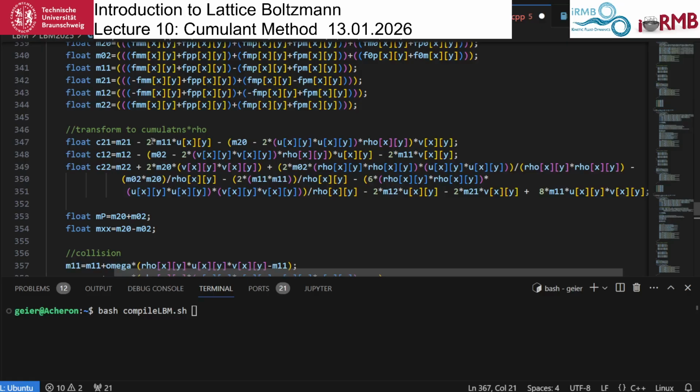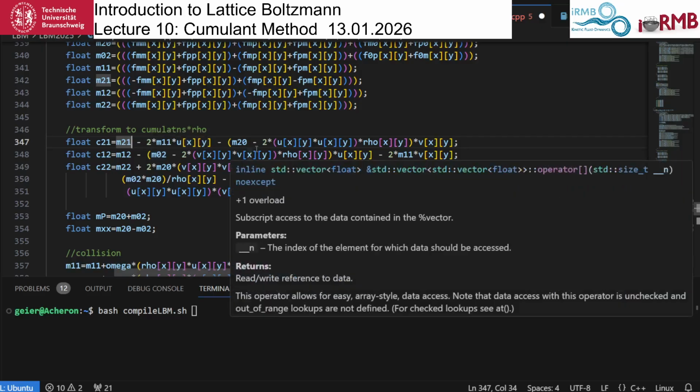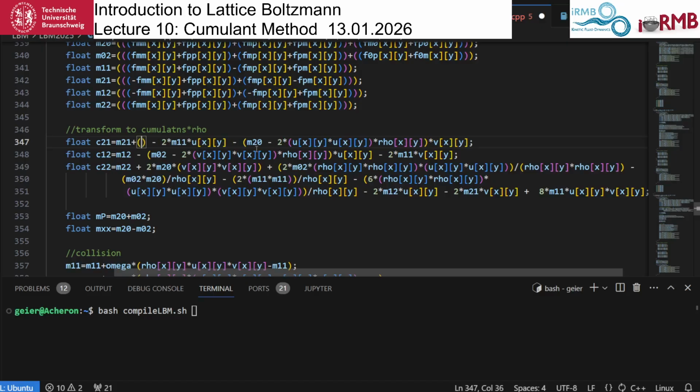So I suggest to do the following. In order not to make a mistake, I will put a plus here and put a bracket around everything. I hope you agree that this should be the right thing to do. Right? I mean, this is possible.